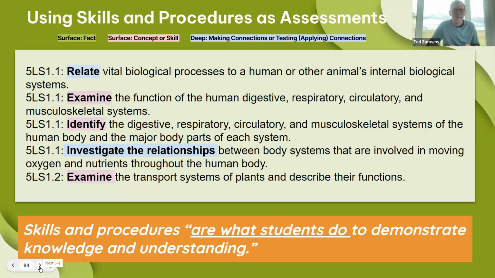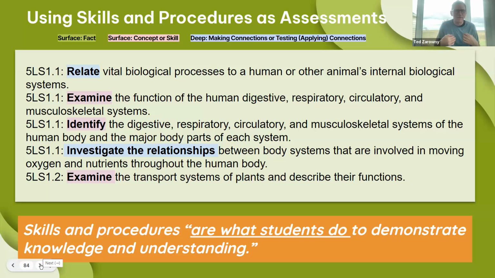For example, in just examining the function of the different systems, you're really getting down to that surface level. What is the function of the digestive system? What is the function of this? It's getting down to really that surface level. We're not necessarily connecting at this point. Same with the second one, where it's identify the major body parts, like what are the major organs associated with each one? It's still at that surface level.